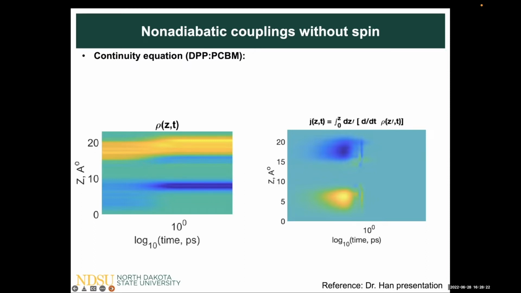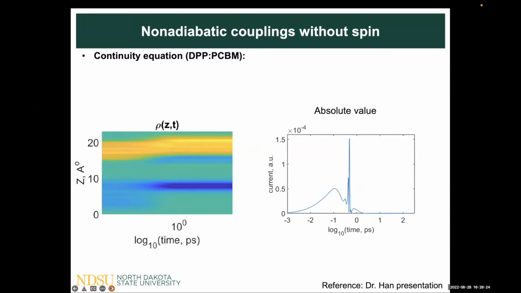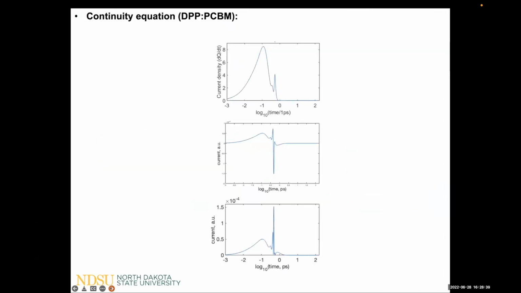Next, please. And here, we take a look at the absolute value of the current density, and in the next slide we have the comparison of two methods. Dr. Klin, can we go next?